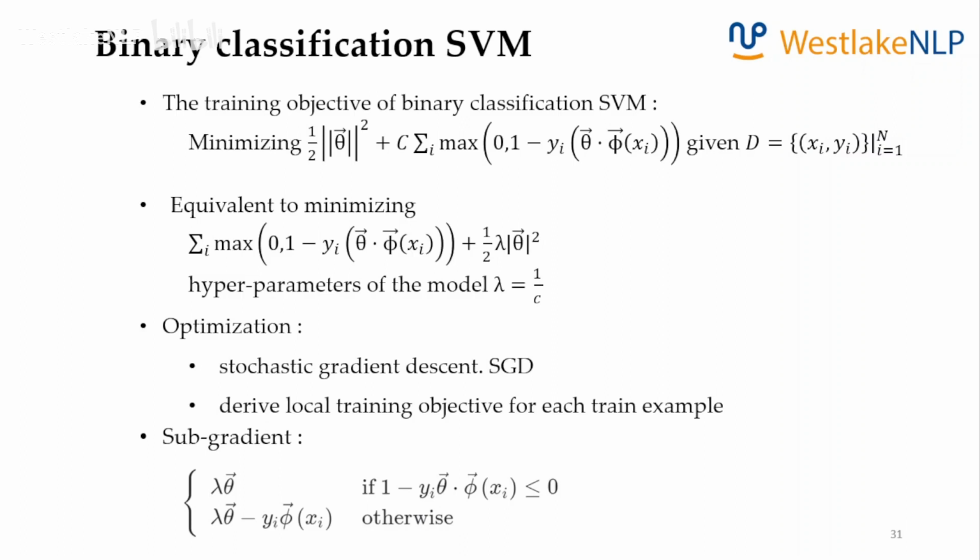So the total gradient is just lambda theta, by minimizing half theta squared. Otherwise, we have a violation, then we have another sort of gradient. It's lambda theta minus y times phi. This is easy. I don't have to even write on the blackboard. It's quite straightforward to take this gradient.